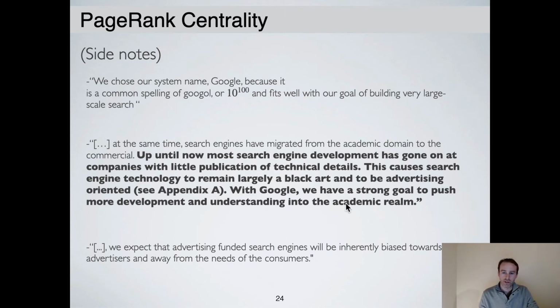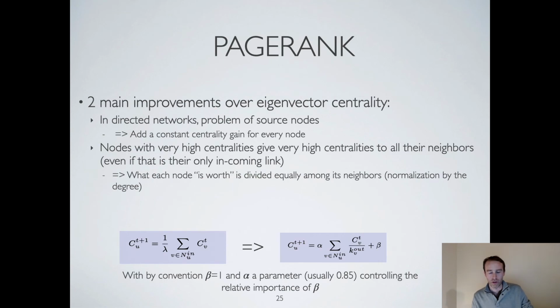With Google, we have the strong goal to push more development and understanding into the academic realm. So at that time, they were PhD students, so they were really believing in some big change in the field, but later they changed their mind and they created a company, and then you know the rest of the story.